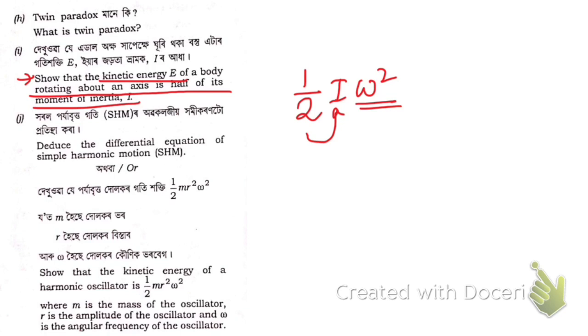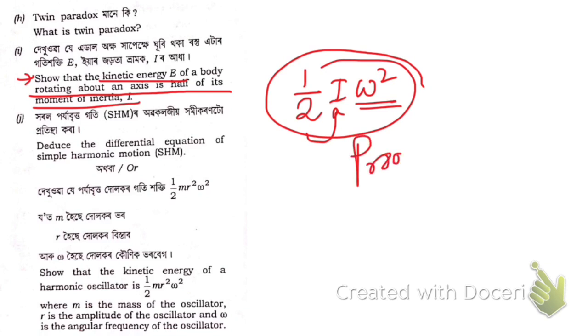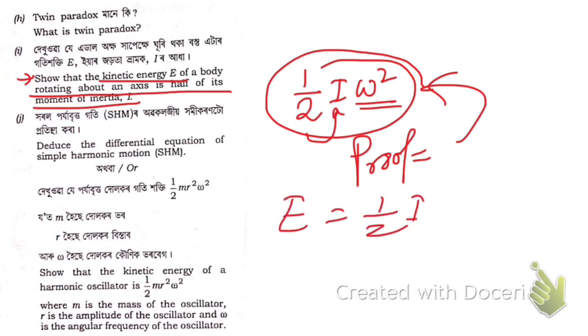I think you are asked to prove this one. So E is not equal to half of I, E is equal to half I omega square. I think there must be a mistake.